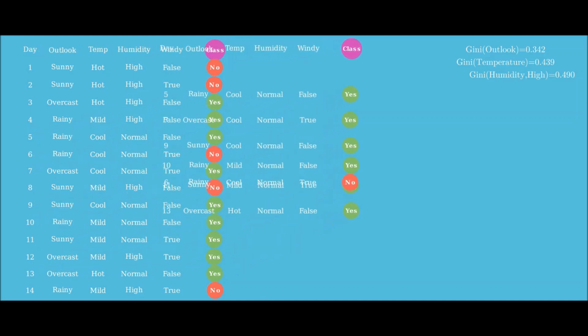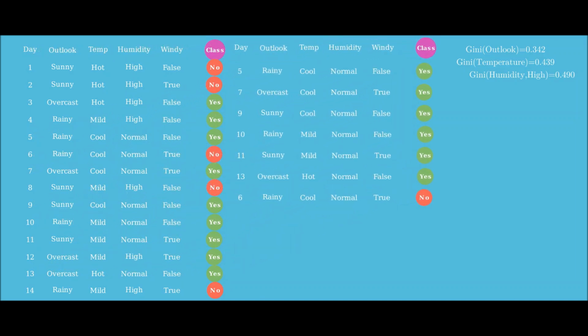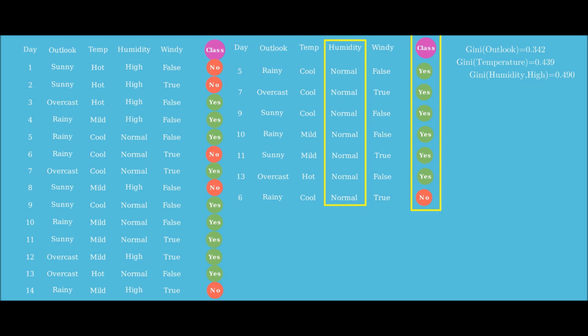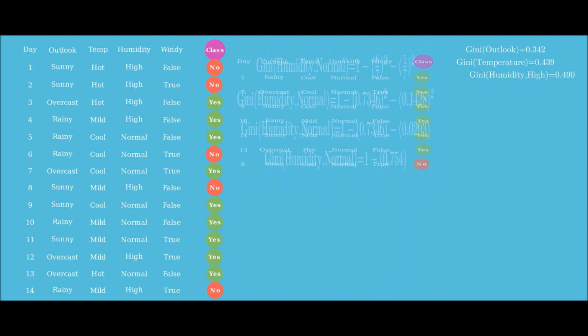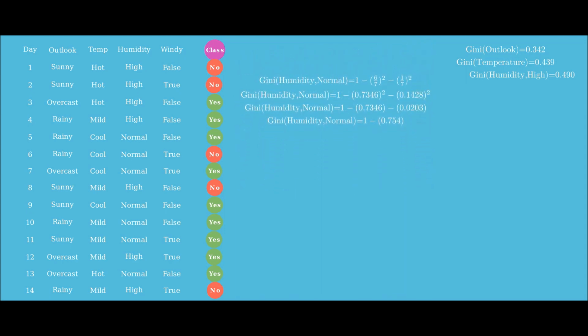Again, for the value normal of feature humidity, Gini index would be calculated. There are 7 instances, in which 6 instances are of type yes and 1 instance is no. So Gini index would be 1 minus 6 upon 7 square minus 1 upon 7 square, and that would be equal to 0.245.